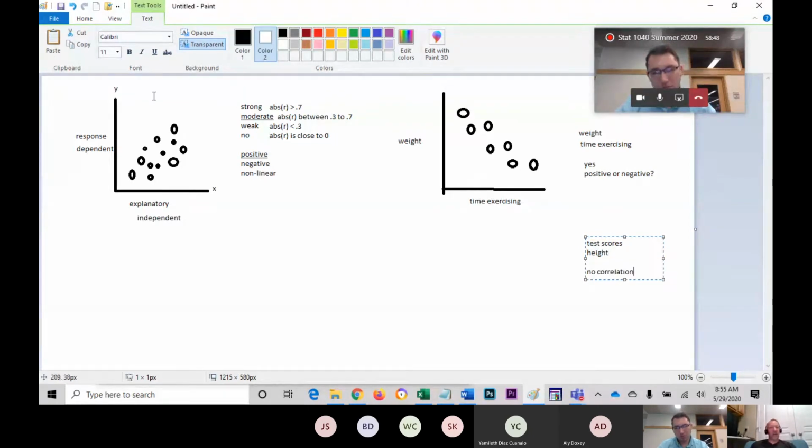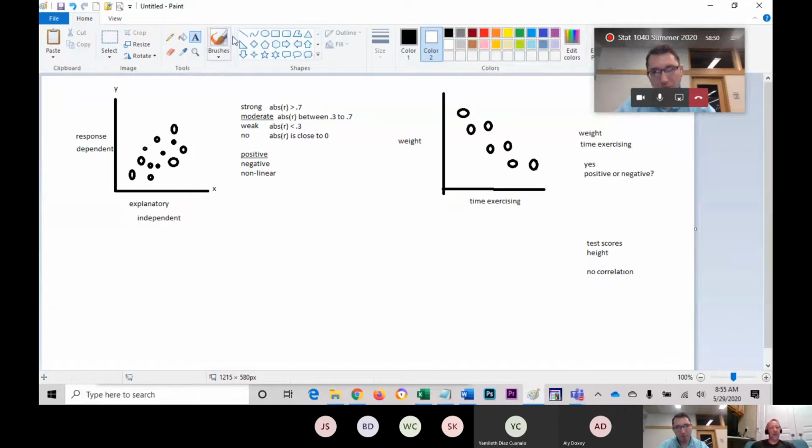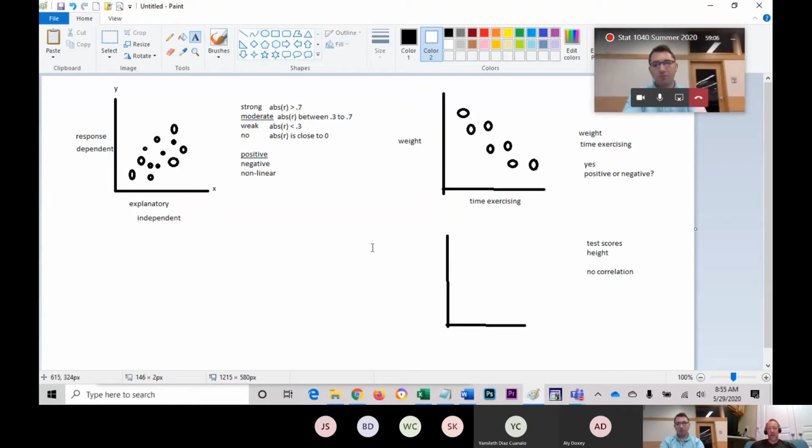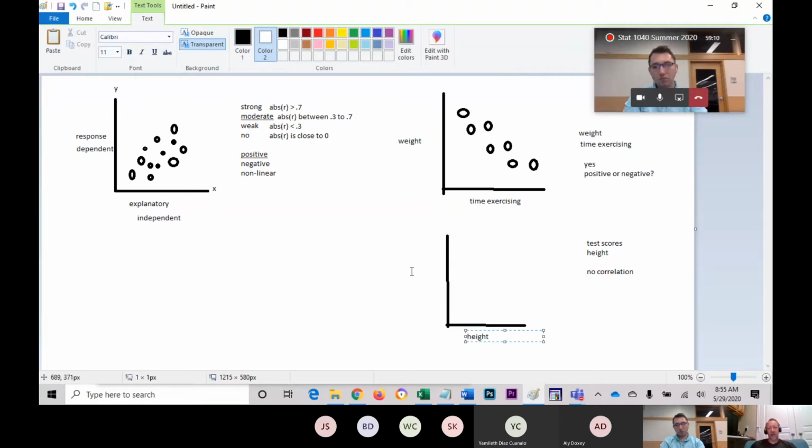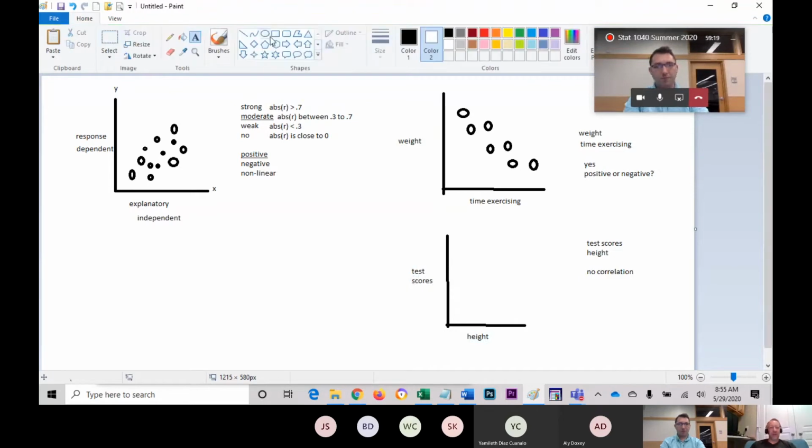If I were to draw a quick scatter plot here, and I'm ignoring the scales, but when you're doing this, you should never ignore the scales, but I'm going to ignore this just to get the concept here. So it really wouldn't matter if you put a person's height here and their test scores here. In this case, you would expect there would be no correlation.